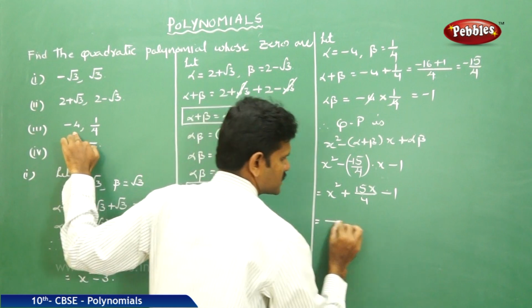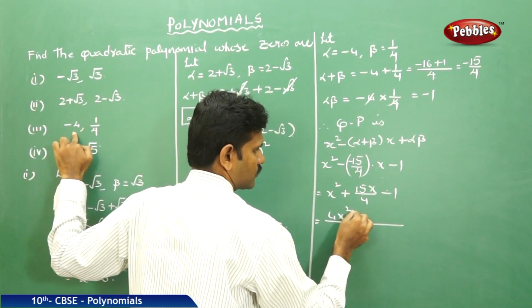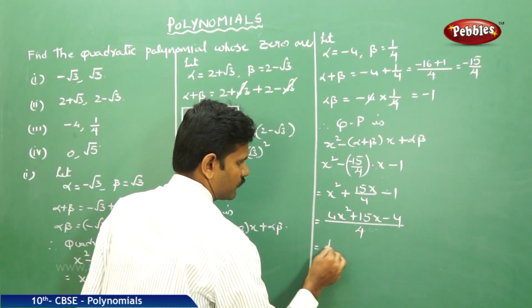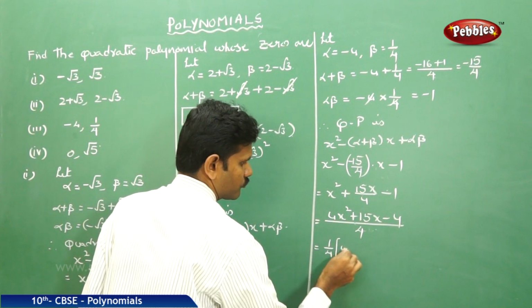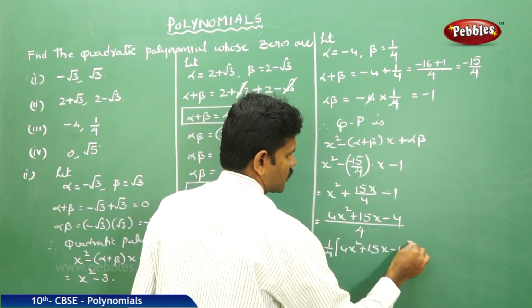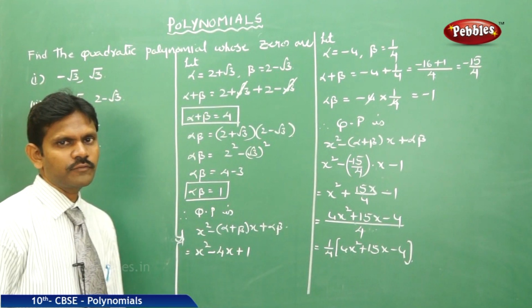Therefore, after taking the LCM for 4x square plus 15x minus 4, take 1 by 4 as separate, 4x square plus 15x minus 4 is the required polynomial. Okay, let us see the fourth example.